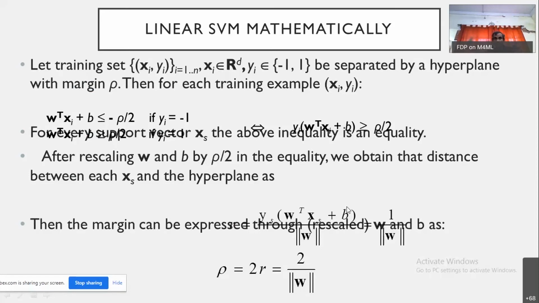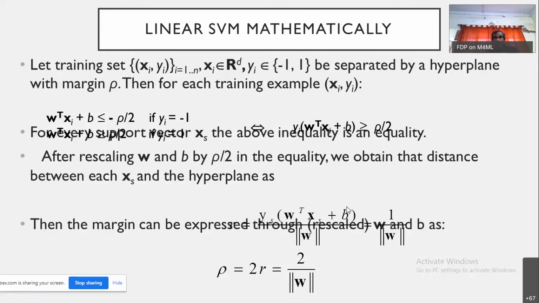The difference of this is the margin. Margin is actually y into w x plus b over mod of w, then another point by mod of w, and if we subtract these two, this comes out to be 2 over mod of w.